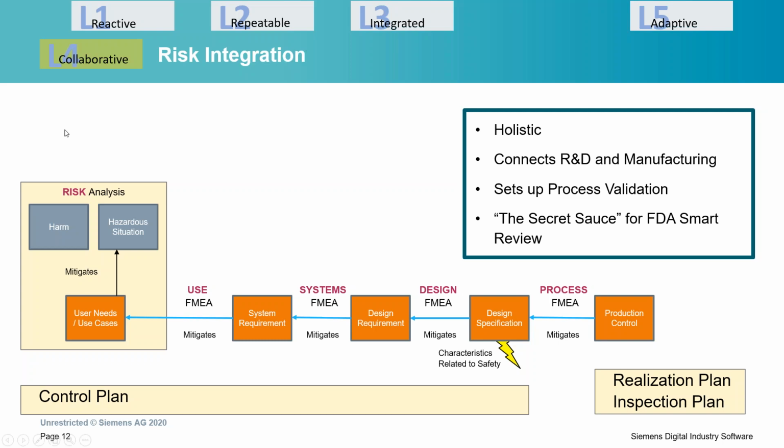So as we showed in the last presentation or the last slides, we have this progression in the V model from user needs to system requirements, to design requirements, design specifications, and production controls. Now what we want to do is understand how to create that progression and associate the traceability with hazard situation and harm.